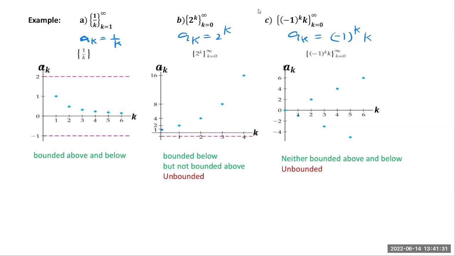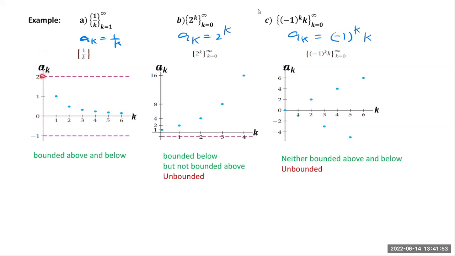Okay. As you can see, as K is getting larger and larger, these points are getting closer and closer to the K axis, or X axis. Notice that all the terms of the sequence are less than 2, right? This 2 is arbitrary. I can even take 3. It doesn't matter.